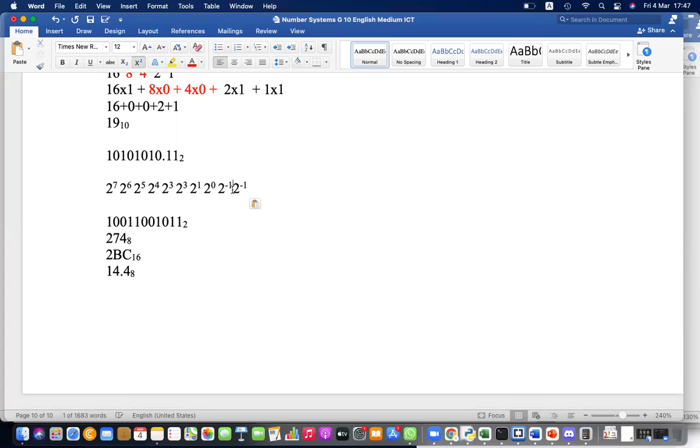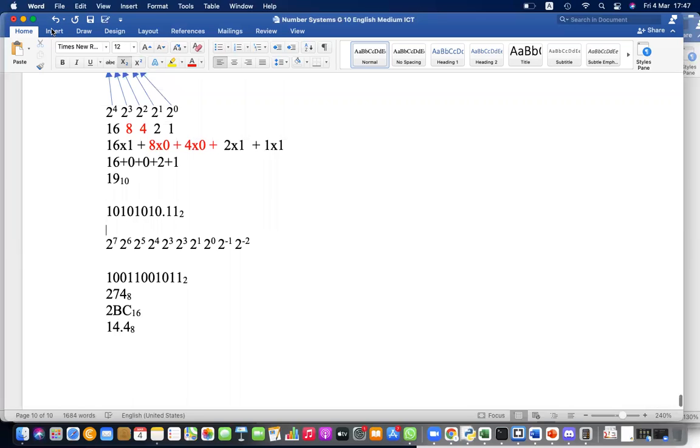Okay, now let's put the positional values together. These arrows are optional, but just to identify, right? I'm putting the arrows because otherwise it may be hard to find them. So this is 2 to the power 7. Then you have 2 to the power 6, the 6th position.